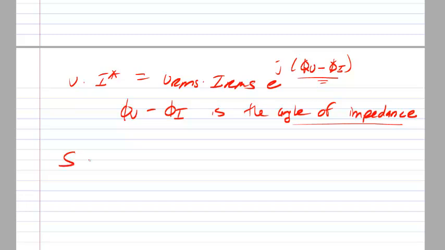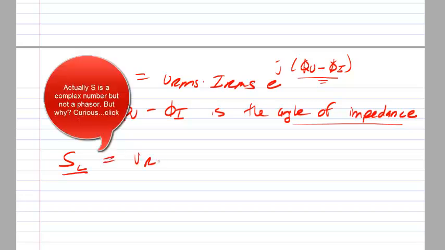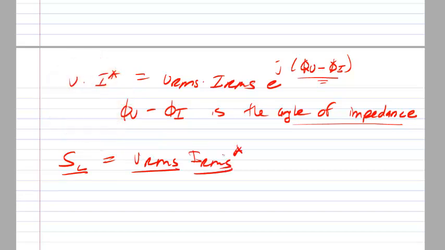So our complex power has a phasor form. You could say SL is VRMS in phasor, IRMS. This is its phasor form. Then you can do this in Euler form.